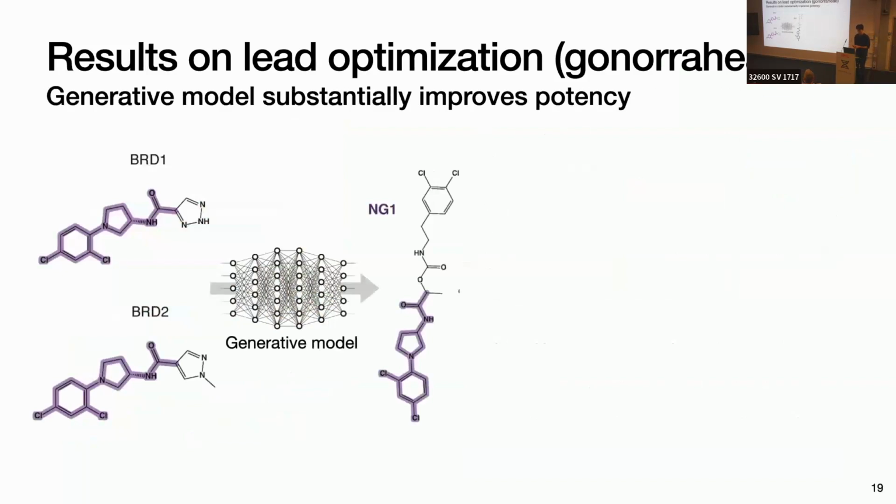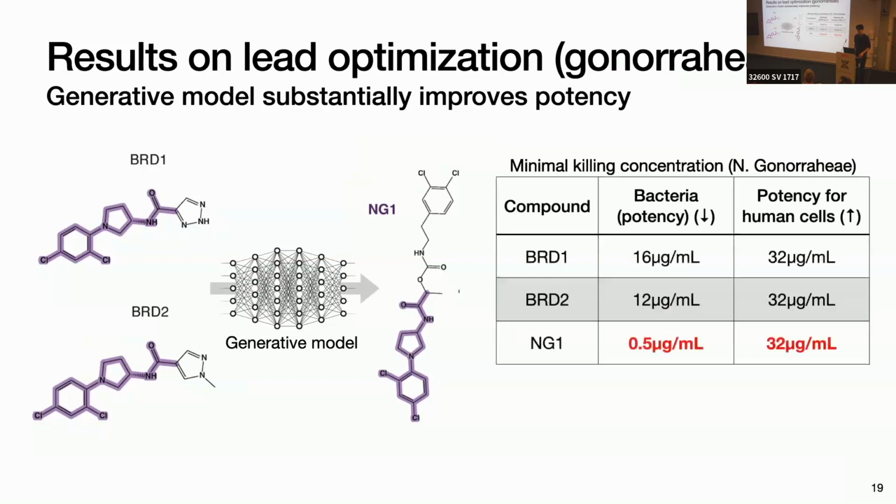So we showed, using this generative model, which I'll describe in several slides later, that we can learn to do this lead optimization by keeping one of the pharmacophores, because these two molecules share the same fragment here. We try to generate the other side of the molecule so that it can have better activity.